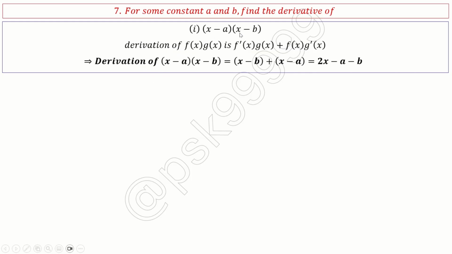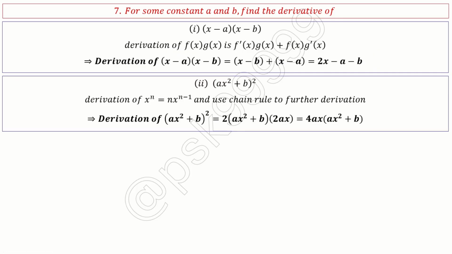For example, the derivative of (x-a)(x-b) is nothing but: the derivative of x-a is 1, so 1·(x-b), plus the derivative of x-b is 1, so 1·(x-a), which is nothing but 2x-a-b. You are applying this product formula.